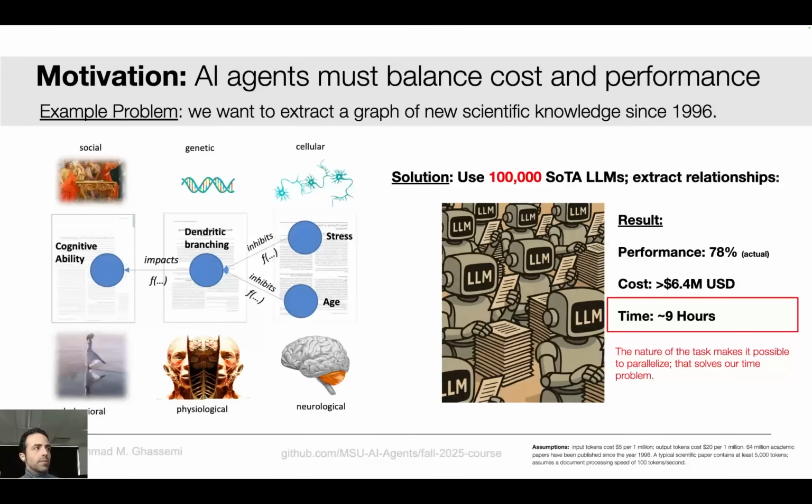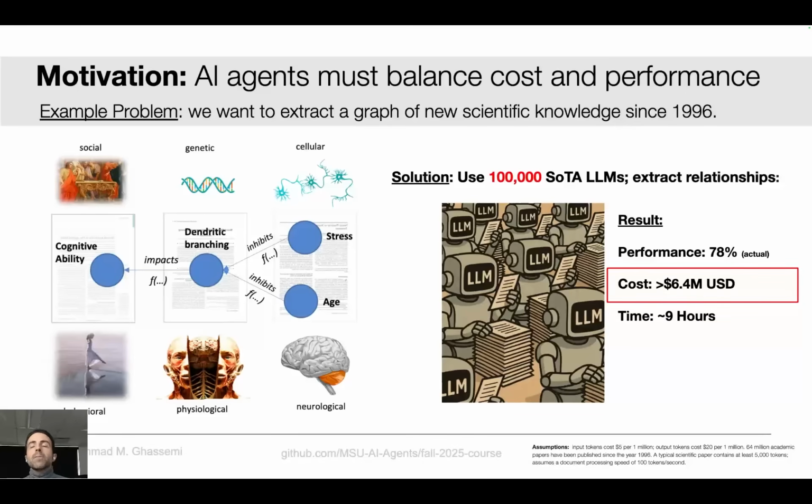If we were doing it as humans, we could pass one paper to each of a set of humans and do it in parallel. So too can we do this with an LLM. So if we had 100,000 state-of-the-art LLMs extracting these relationships, it would take us 9 hours instead of 100 years, right? That makes it a little more tractable for us to use this output.